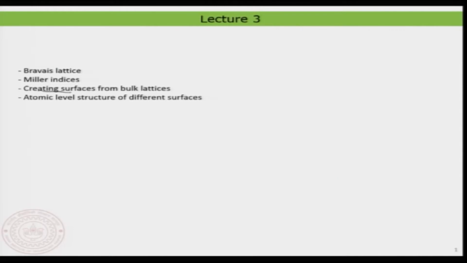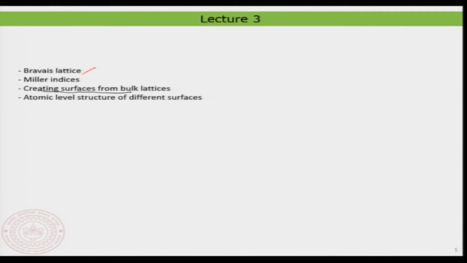And in this course, what we are mainly going to discuss is creating surfaces from bulk lattices. Before that, we also need to have a quick idea about the Bravais lattices, which is the one we are going to use in creating surfaces. So, this is basically the three-dimensional Bravais lattices.